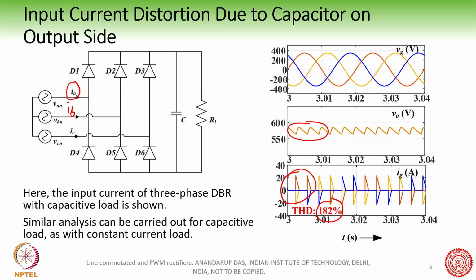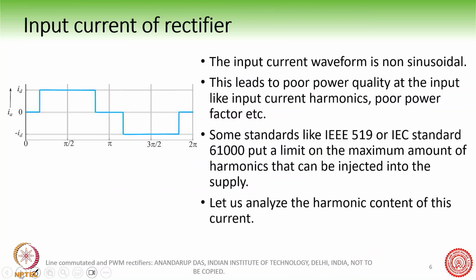So we understand that whether it is a motor load or a capacitive load, in both cases the input current drawn from the grid is highly non-sinusoidal in nature.